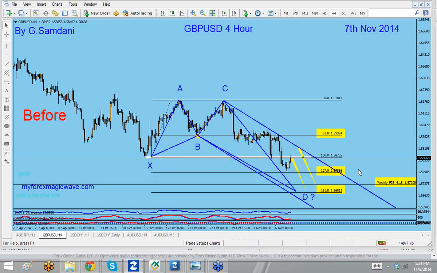And if it doesn't break back the starting point X, then it bounces from there and goes to 1.618. This is exactly what it is doing. It broke it to the downside, tested, hit 127, bounced, and went up, tested this X point again. Well, not again, but first time. And now it looks like we are holding there.